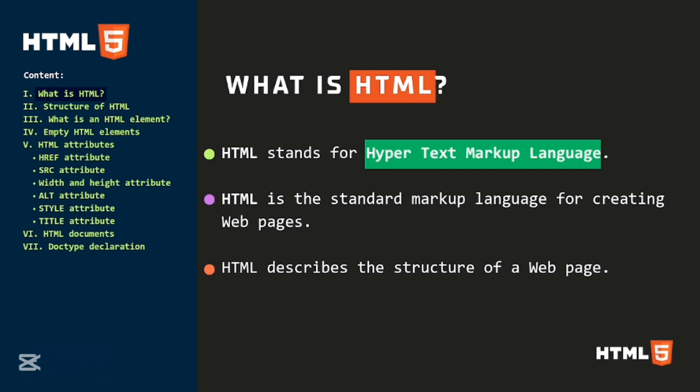HTML is the standard markup language for creating web pages. So take note, HTML is not a programming language, it's a markup language. It is the structure of every website you see on the internet. HTML describes the structure of a web page. So every website you see on the net is built on HTML. It is the backbone of every website you see.